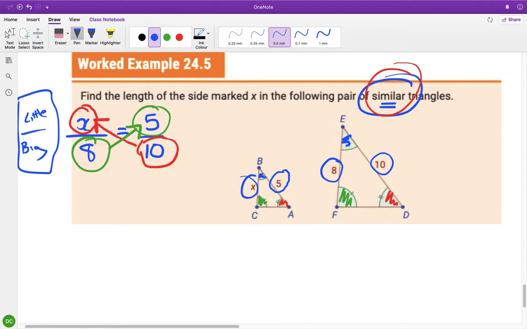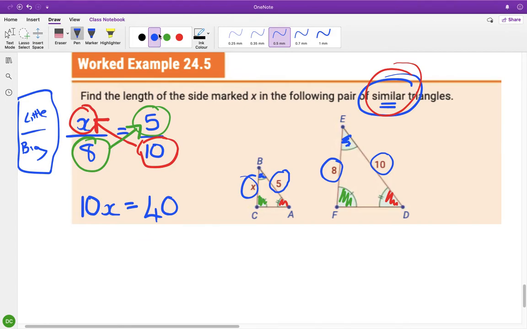So 10 multiplied by x, that is a number and a variable, so we can't actually do anything. We just do 10x. So 10 multiplied by x is just 10x. I'm going to write down my equals, and then I have 8 multiplied by 5, and 8 multiplied by 5 is 40.